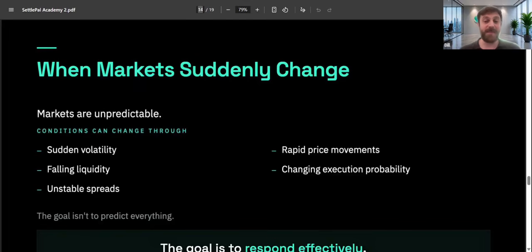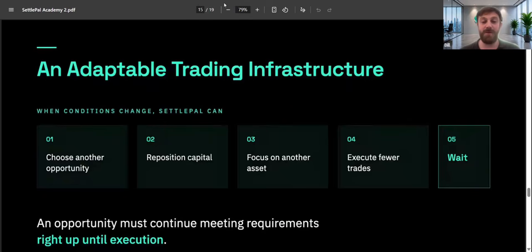And at that point, SettlePal does not need to continue simply because the opportunity was originally approved. The platform can reassess that trade and it may choose another opportunity. It may reposition capital, it may focus on another asset, for example, or it may execute fewer trades.